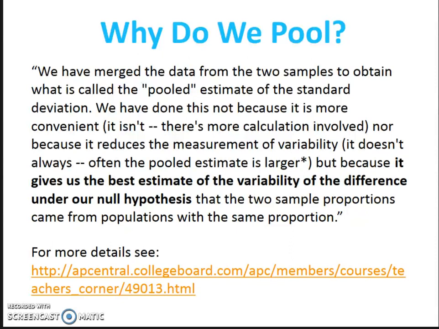Often the pooled estimate is larger, but because, and here's the kicker, it gives us the best estimate of the variability of the difference under our null hypothesis that the 2 sample proportions came from populations with the same proportion. If you need to pause that and read that to yourself, I understand. If you want some more details about it, you can go to this link here, and this will be on the PowerPoint online, so you can go there.